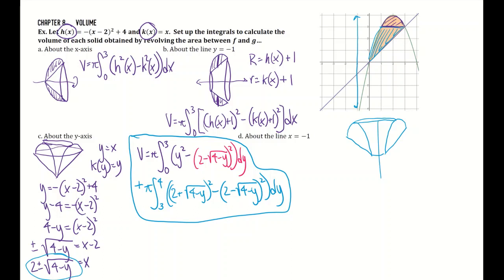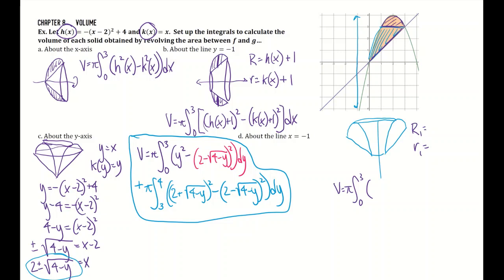So your first volume integral will be pi times the integral from, we're still going to have y bounds of 0 to 3. Your big R, actually I should write these out separately, r sub 1 and r sub 2. Your outer radius is going to be the distance between the axis of rotation and the line, which is going to be upper minus lower.